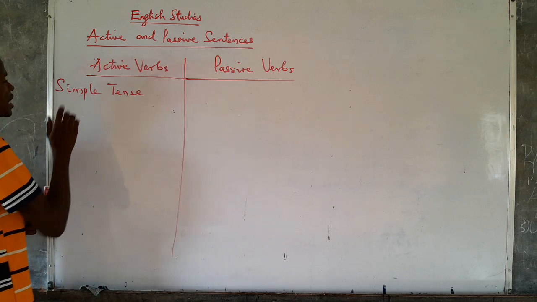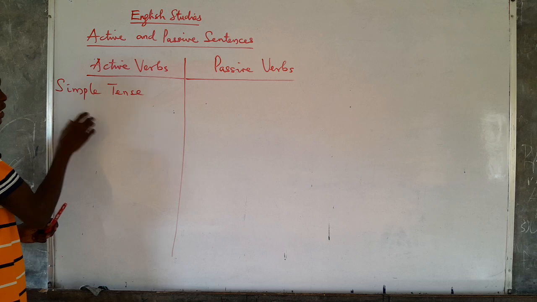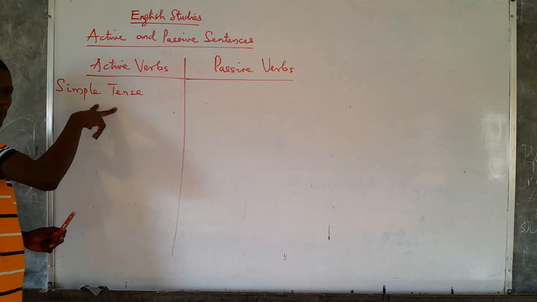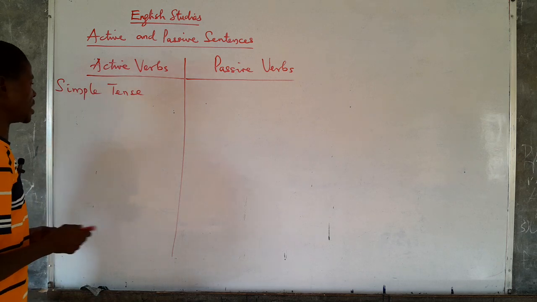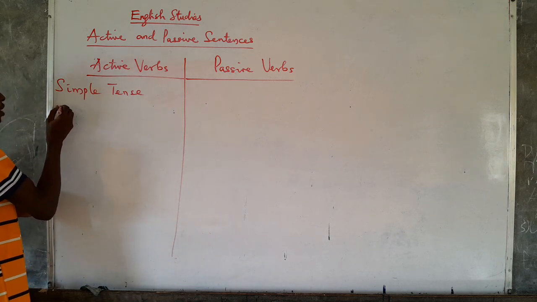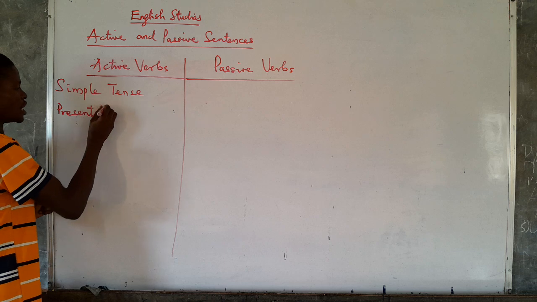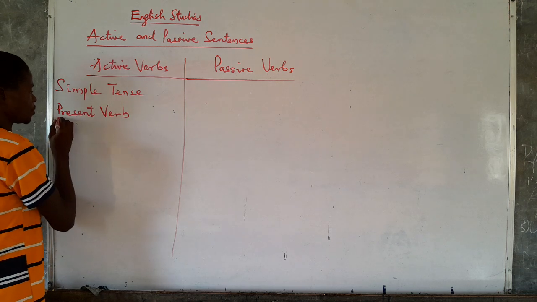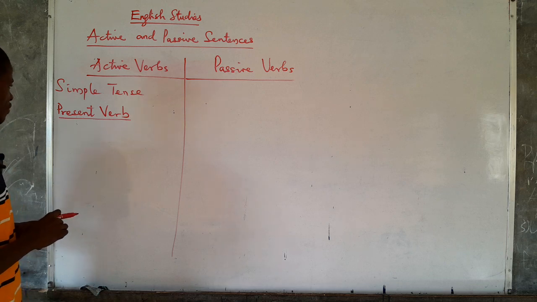Now, last time we examined simple tense, we said we could have simple present tense and simple past tense. Let's assume we have a simple tense involving a present verb.